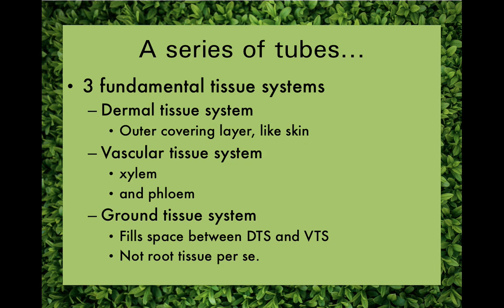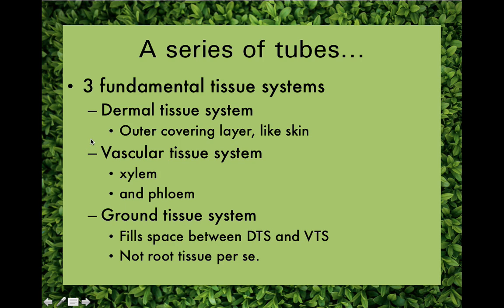So being a vascular plant means that you are comprised of a series of tubes, but you also can develop tissue systems and complex organs. There are three fundamental tissue systems: the dermal tissue system, the vascular tissue system, and the ground tissue system.